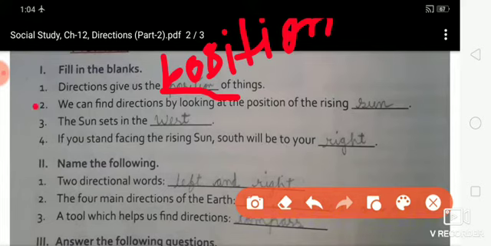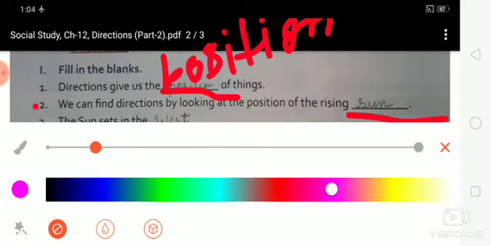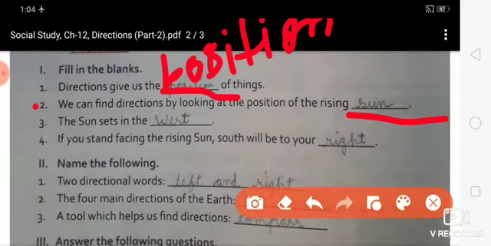Now second one: we can find directions by looking at the position of the rising blank. We can find direction by looking at the position of the rising sun.